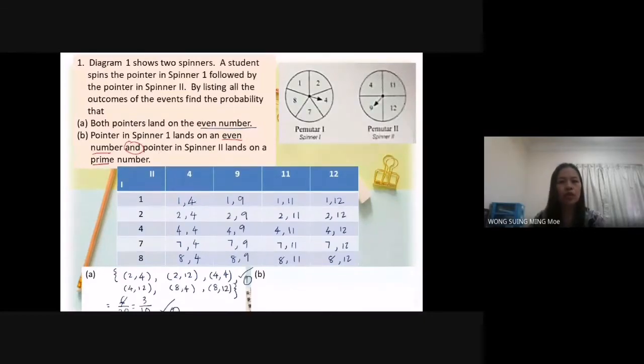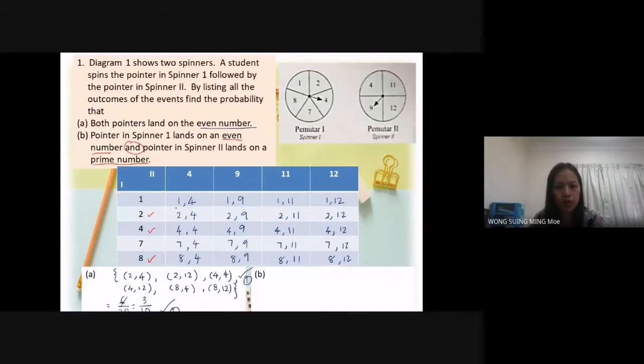First spinner, even number. Second spinner lands on a prime number. So we go to these 3 rows and we find which one the second spinner lands on a prime number.